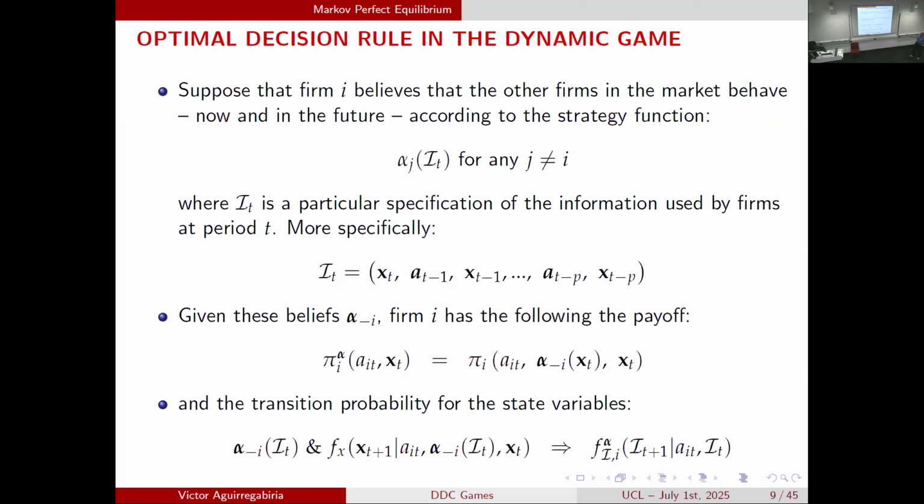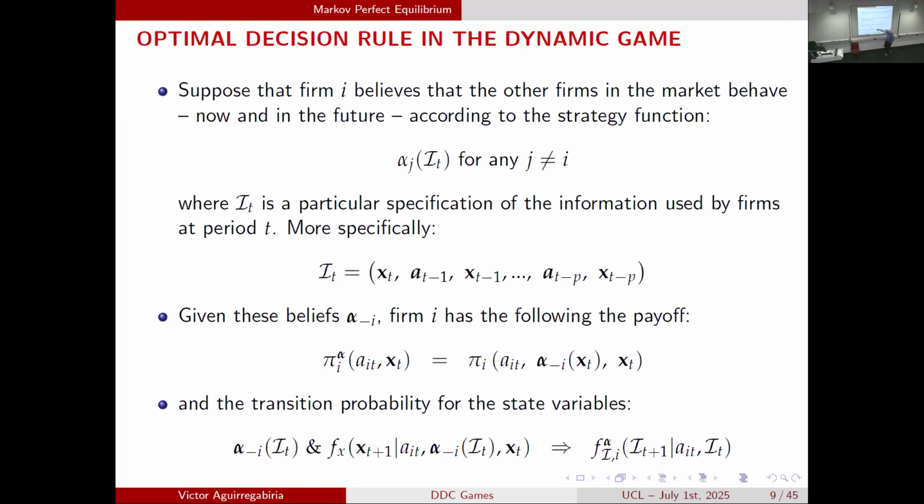Then given these alpha functions, these strategy functions, we can define this indirect profit function of a player i that now depends only on its own action, because basically it's taking into account that the rest, this is a typo, okay?